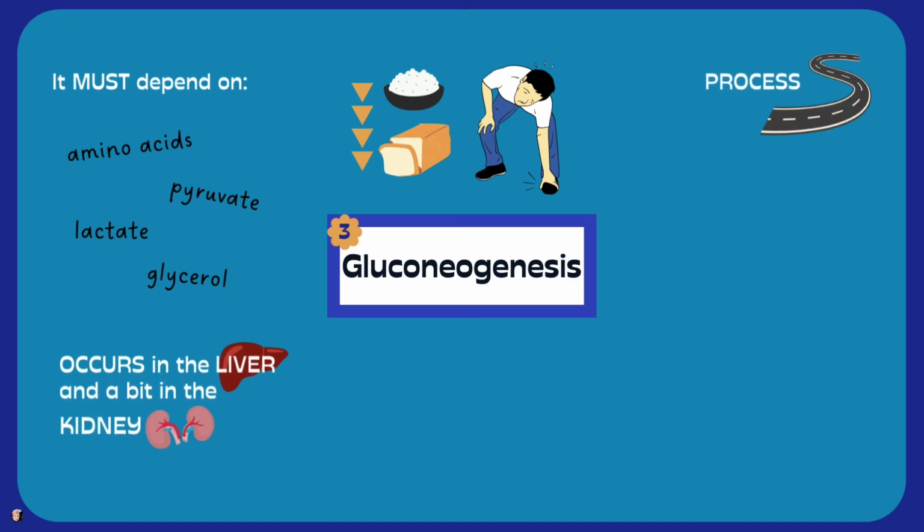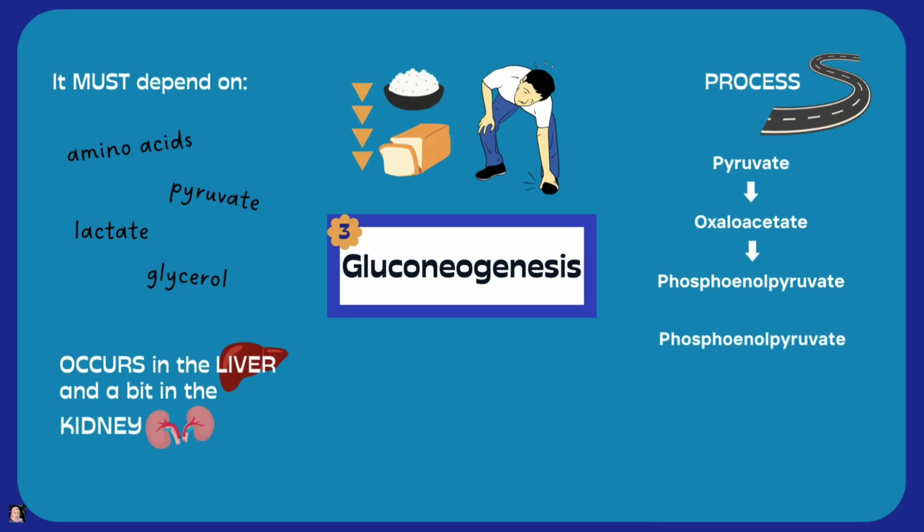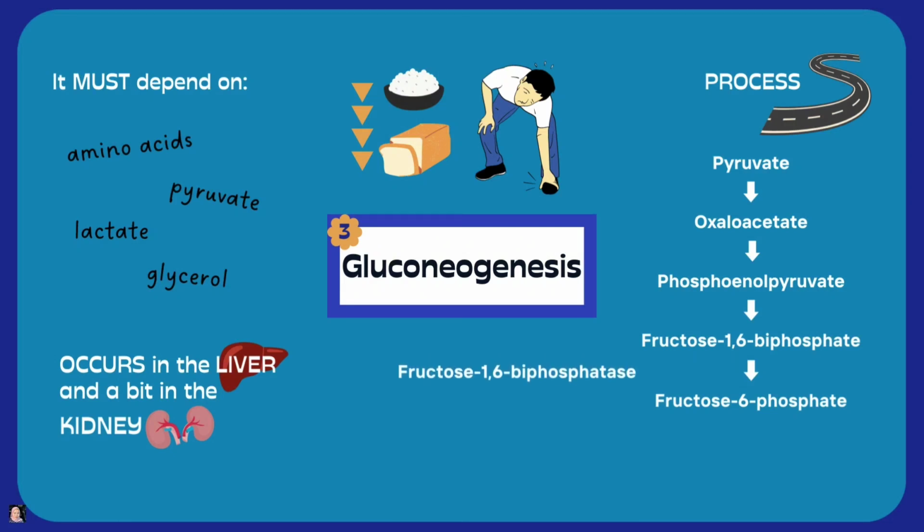The process of gluconeogenesis starts with the conversion of pyruvate to oxaloacetate by pyruvate carboxylase. It occurs in the mitochondria. Next, the oxaloacetate is converted into phosphoenolpyruvate via phosphoenolpyruvate carboxykinase. By reversing the glycolytic processes, phosphoenolpyruvate is converted into fructose 1,6-bisphosphate, which is then converted to fructose 6-phosphate, catalyzed by fructose 1,6-bisphosphatase.